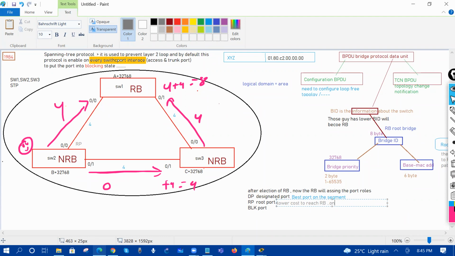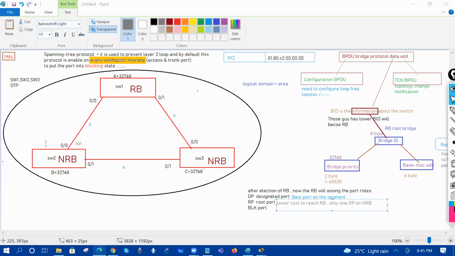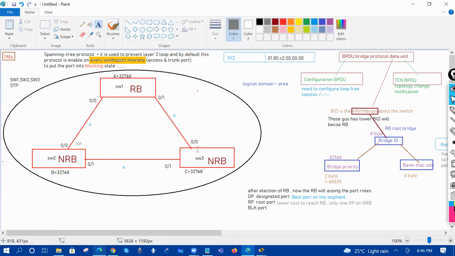Only one RP on a non-root bridge. We have done this one. Now this side: if I go from this side to this side, what is the cost? 4 plus 4, 8. If I go directly over there, what is the cost? 4.